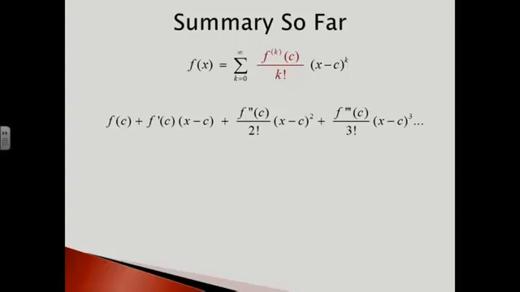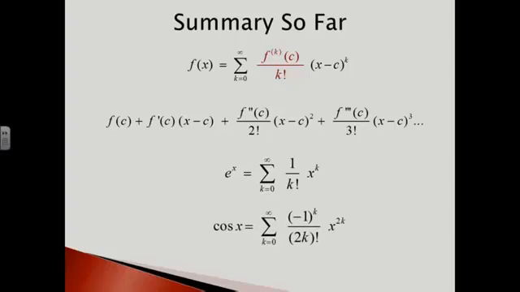Using this theorem, we have found the Maclaurin series of the following functions. Exponential of x equals sigma k from 0 to infinity of 1 divided by k factorial multiplied by x to the power of k.